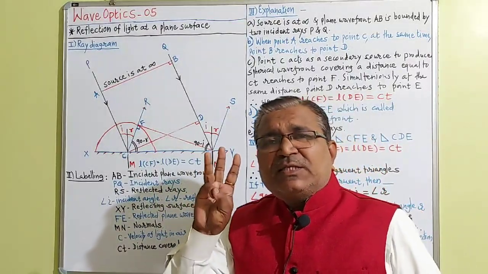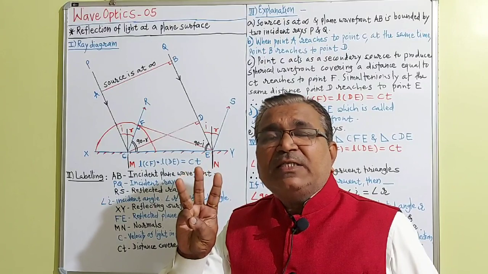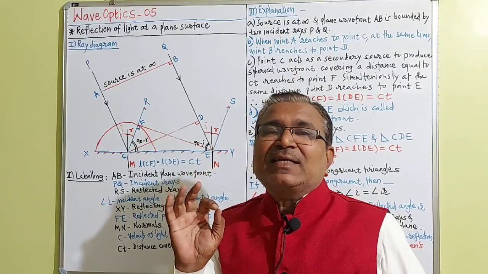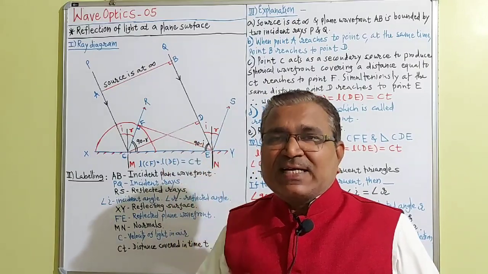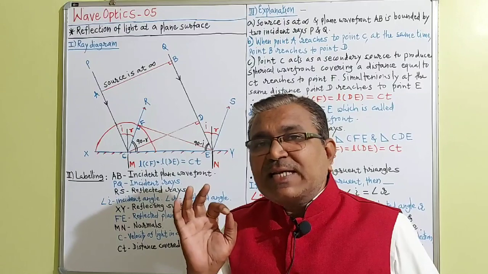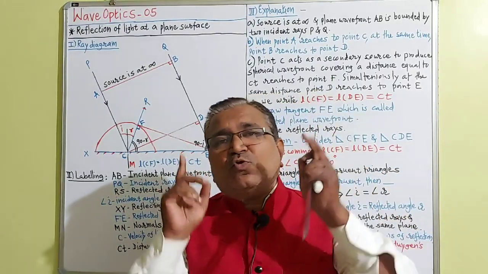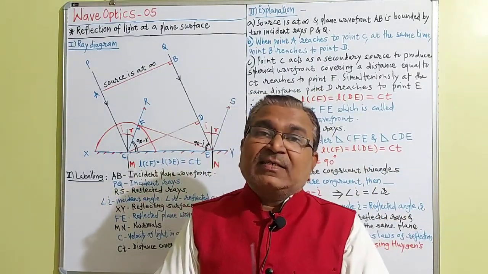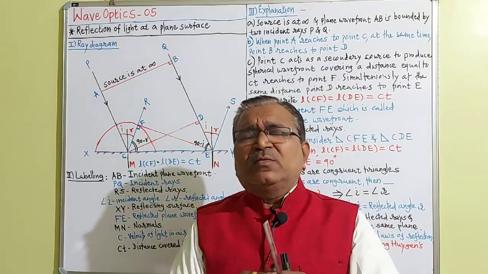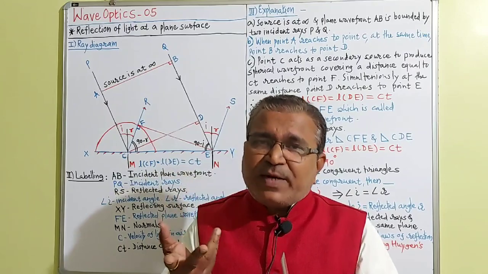So these three conditions are satisfied. When they are satisfied, the two triangles are called congruent triangles, and when two triangles are congruent, their corresponding angles are equal. That is a rule suggested by geometry.